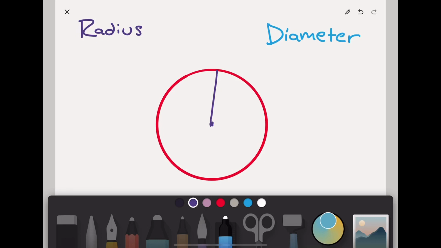So, a radius is the distance from the center all the way out. And it never changes as long as it's a circle. Every time you move your radius line from the center to the outside, you will hit a never-ending amount of points, but you know that it's half the trip. It's from the center to the outside of the circle, and that's it.